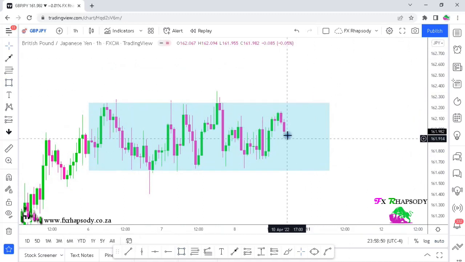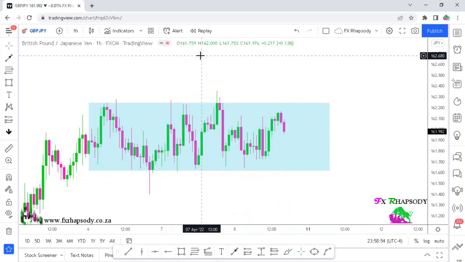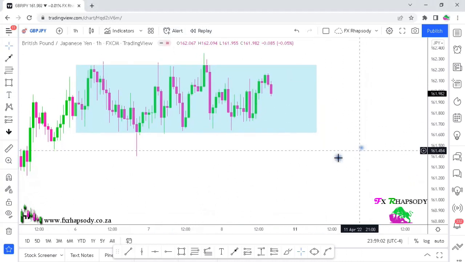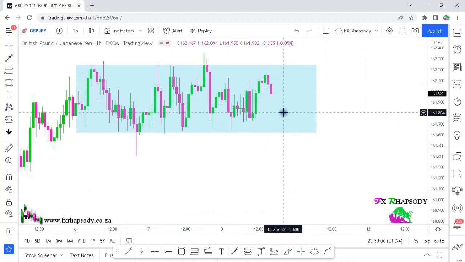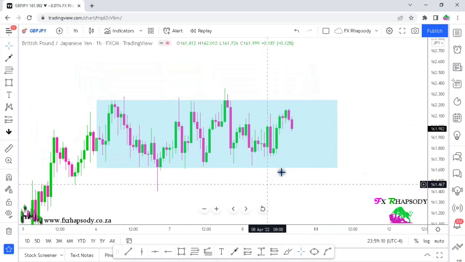I don't want to be biased in all of this, but we did have that long run on the daily time frame. You remember that huge run on the daily time frame? So maybe expecting some big retracement back, maybe a move to the downside for some bearish action. But again, the market will tell us what it wants to do.